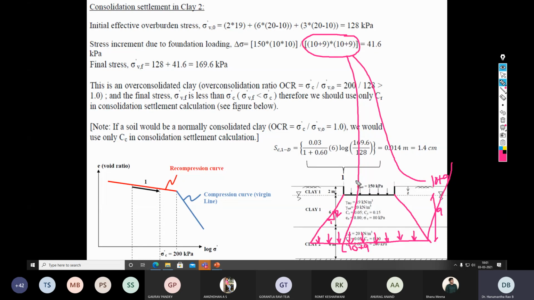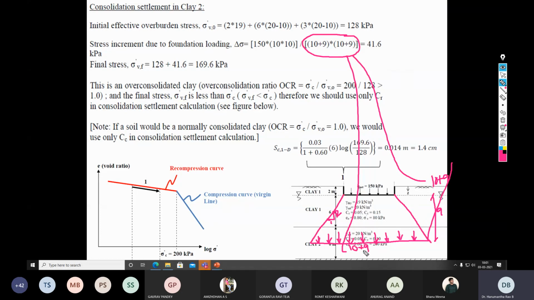So it is obvious if you compare the delta sigma, that is the increase in effective overburden pressure at the middle of clay layer 1 and the middle of clay layer 2, it should be decreasing further, because there is more and more distribution of the load over a wider area. Earlier it was distributed over 10 plus 3 meter.